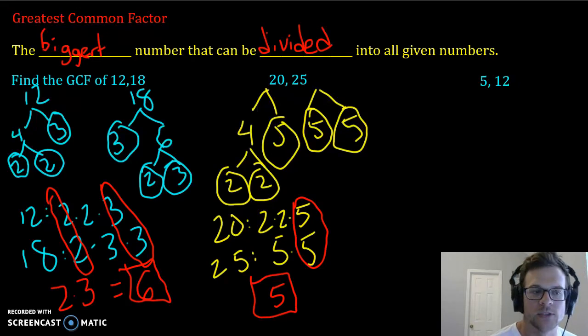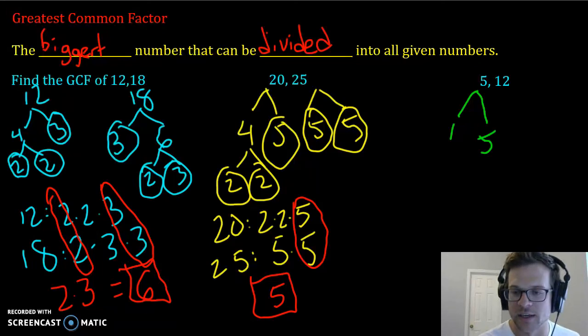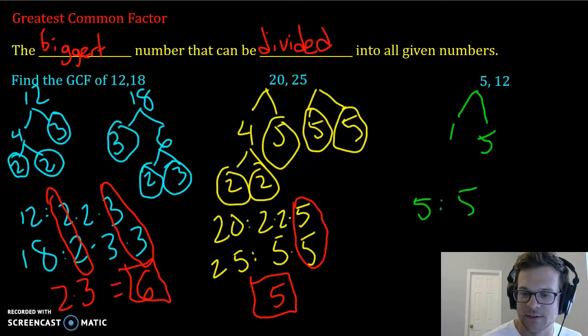All right, now last one, let's look at 5 and 12. Factors of 5, since this number itself is already prime, we figured it out, is just 1 and 5. And 1 doesn't help reduce anything in terms of a factor tree, so the only factor of 5 is 5. 12, we've done already, is 4 and 3.